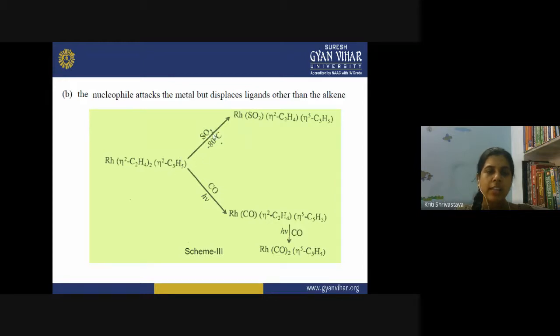So when SO2 attacks on it, this SO2 displaces one of the alkene molecules, and when the carbonyl attacks here, it gets attached to the rhodium, and again the alkene is displaced. So such types of reactions are also common.